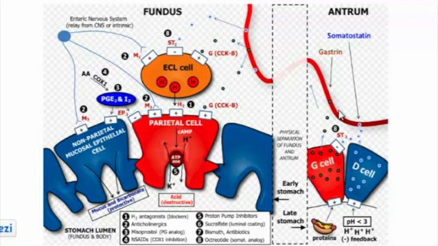Both acetylcholine and gastrin stimulate acid secretion by releasing histamine from paracrine cells, and this histamine tends to act on parietal cells and activates the cell by way of binding onto H2 receptors.